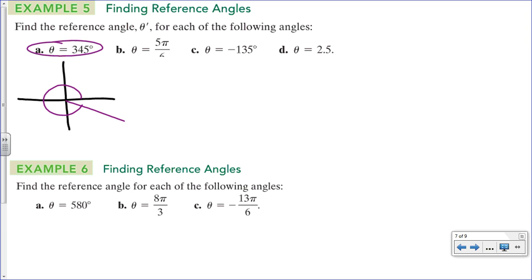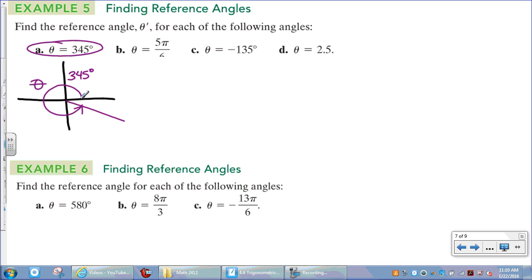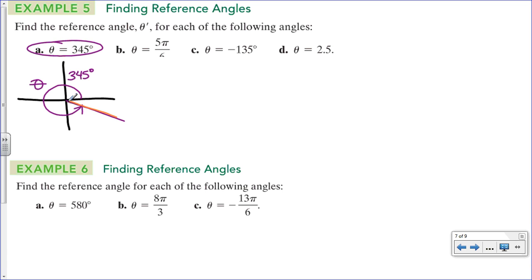Yes. So this is the angle in purple. That will be my original angle, the 345. Now my reference angle is going to be formed by the terminal side of that original and the x-axis. So that will be theta prime.